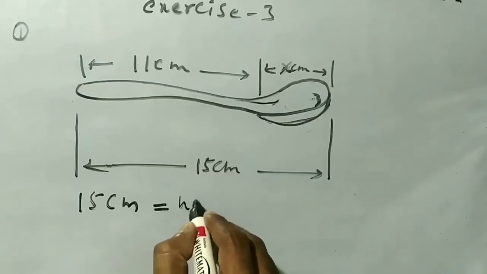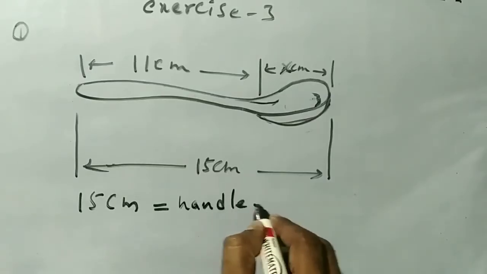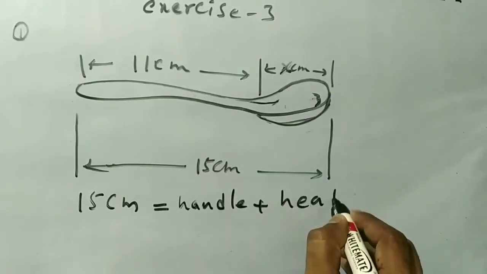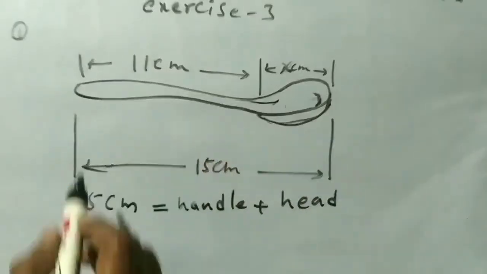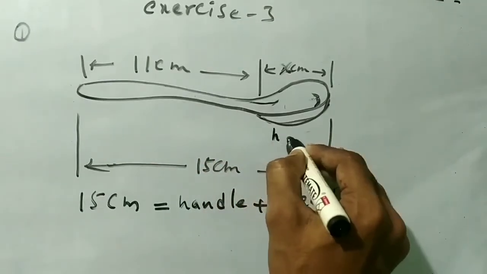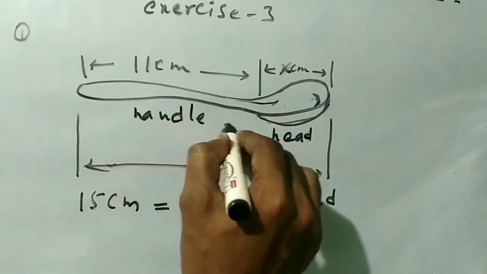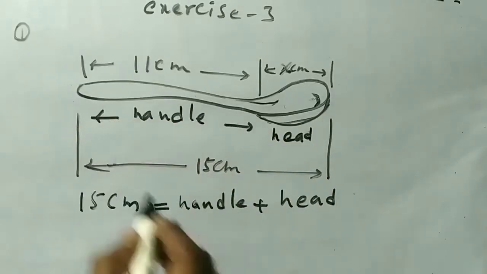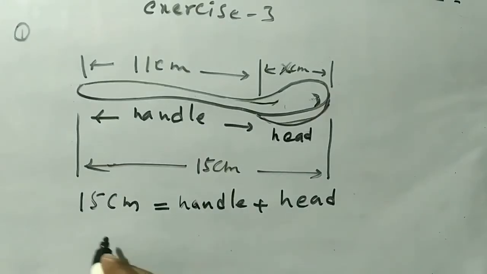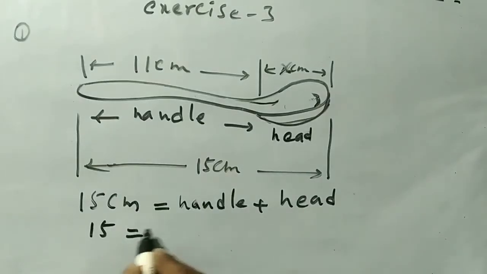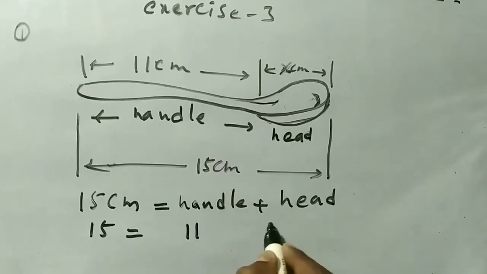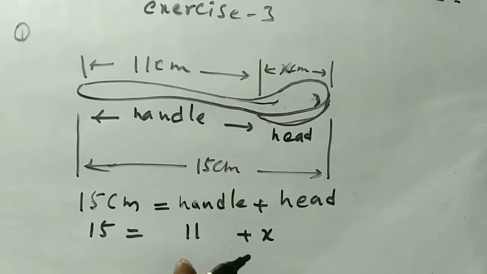So this is the handle, this is the head. Handle plus head: 15 equals 11 centimeters plus x. So here we form a simple equation.